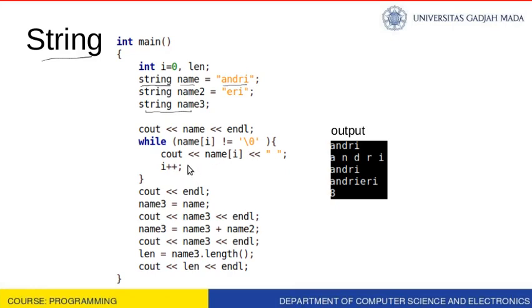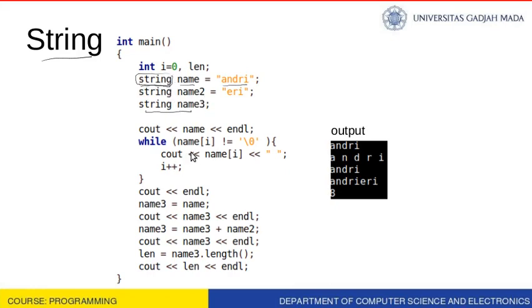And then if you want to try to see what is actually name to or name tree, you can try to access one by one. So actually this is also an array of char, but there are several additional features that C++ gives to this data type.